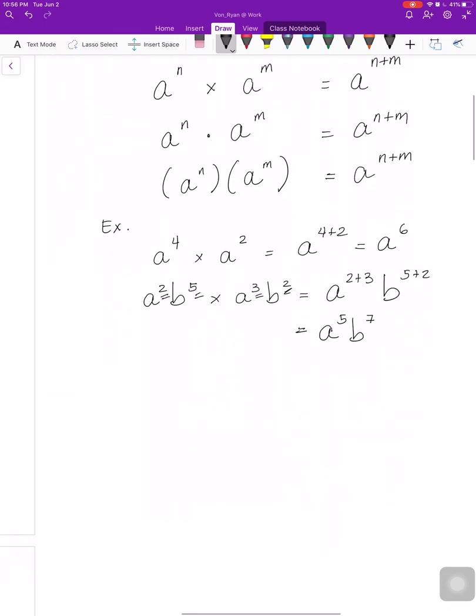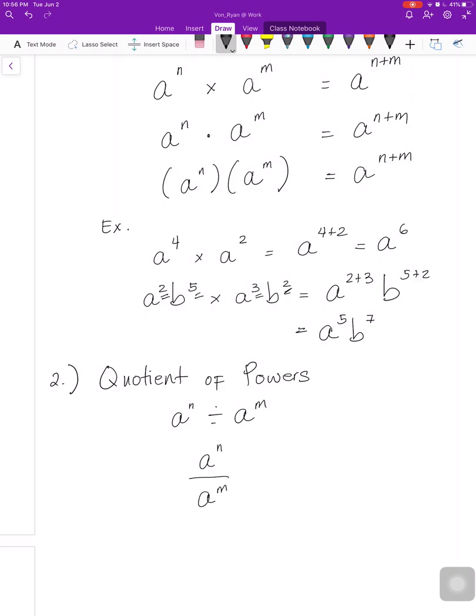Now, the next rule that we need to revise is the quotient of powers. Take note that quotient is what we call the answer to a division problem. So if we have a raised to n divided by a raised to m, or it can be written in fractional form, the answer to this is a raised to n minus m.